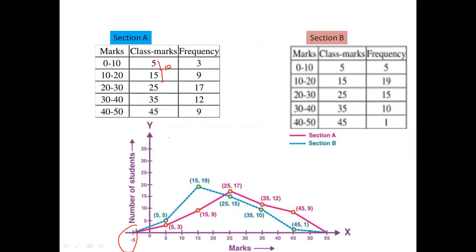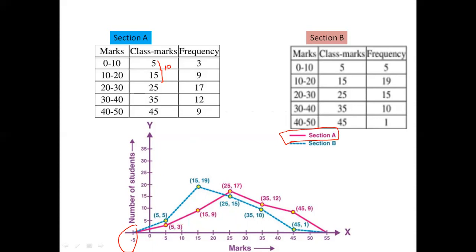Okay. So now the red will be for section A and the blue is for section B. Now we see for section A. The class mark is 5 and the frequency is 3. So I have here 5 and 3. Then I have next 15 and 9.